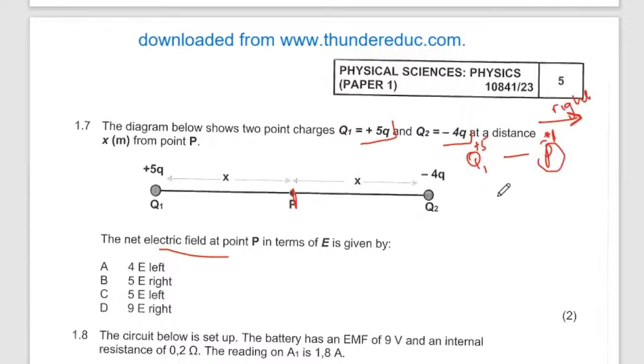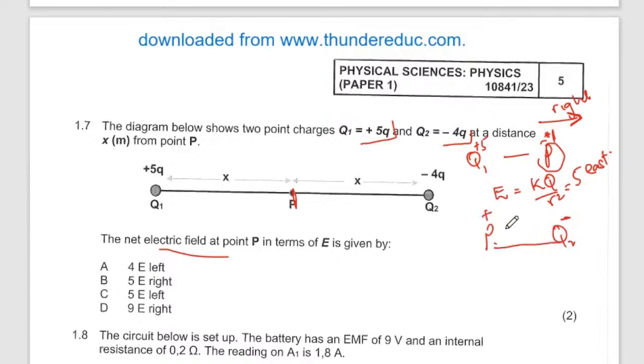So which means if I'm looking for my electric field, E = kQ/r², it's going to be k, which is a constant, the r, which is also a constant with x, and then this Q, which is now the 5, to the east. Okay, then let me look at P and the Q2. P and the Q2, this negative, this is positive.